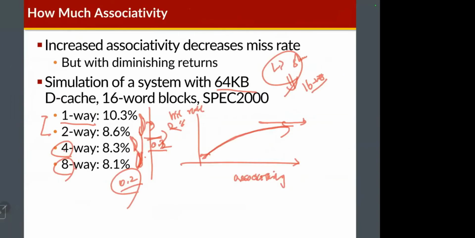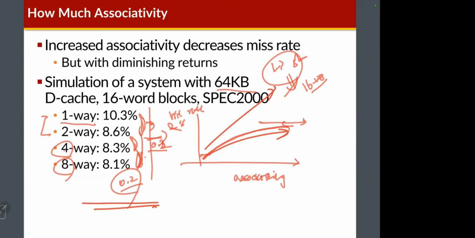If we increase the associativity of the cache, then we can also increase the performance of the cache. But I mentioned that this performance is saturated, which means that the performance of the cache is not linearly proportional to the associativity.